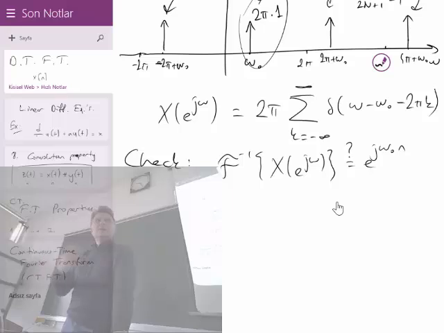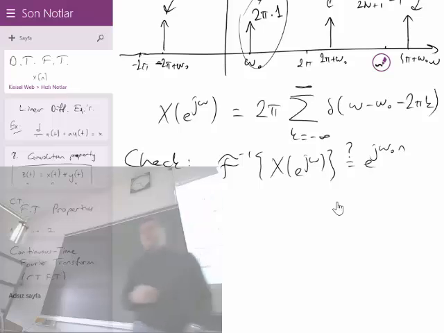I may ask you the inverse Fourier transforms as well. So the question, let's consider it like this. Look at the top plot, or the mathematical expression of X of e to the j omega. What is the inverse Fourier transform of it? You must tell me the inverse Fourier transform is x of n is equal to blah blah. And for this case, x of n is equal to e to the j omega 0 n.